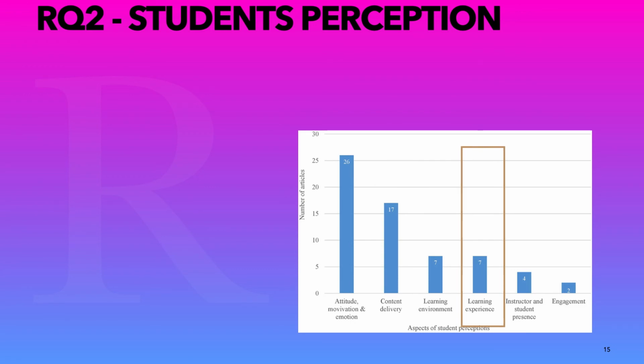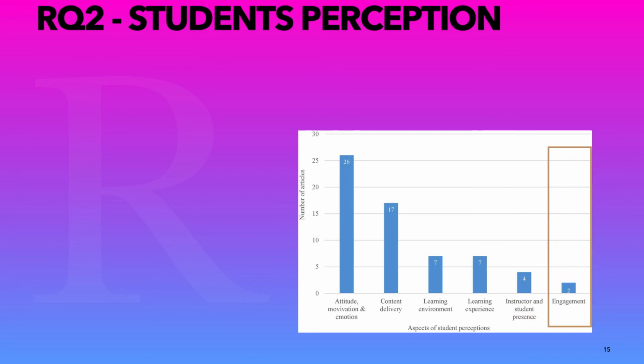Another 7 were coded for learning experience, if they explored participants' experience with flipped classroom, both inside and outside classrooms. This is described on page 15. And on page 16, you can read a synthesis about articles reflecting on both instructor and students' presence in a flipped classroom.